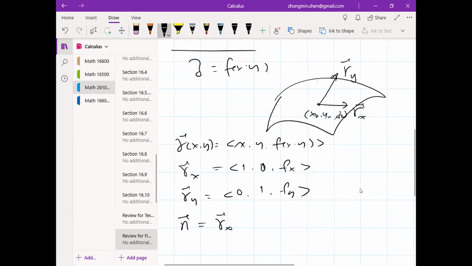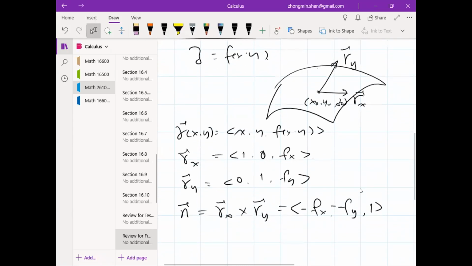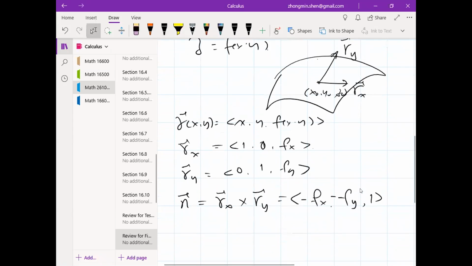It's not necessarily the unit normal vector; it's not necessary. Just the cross product, and you will see that this will be (f_x, f_y, negative 1). You can normalize it, but it's not necessary to be a unit vector. It's just perpendicular to the tangent plane.